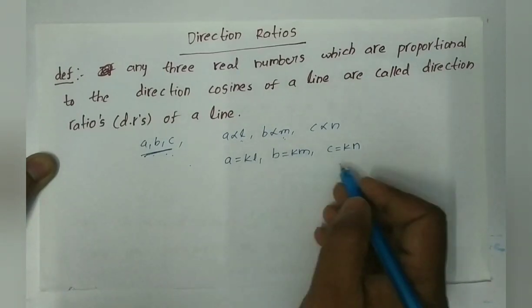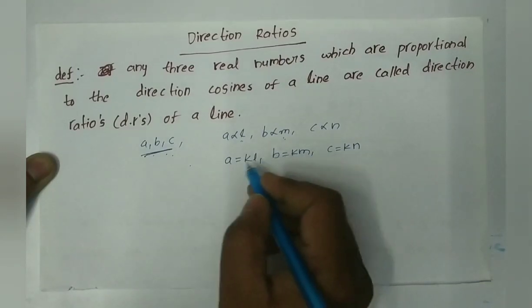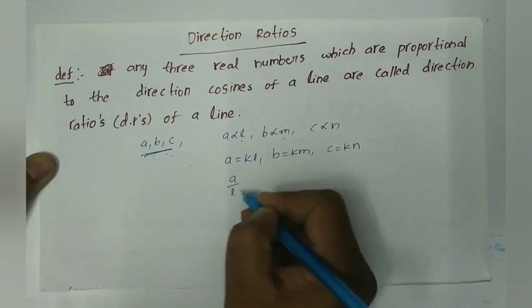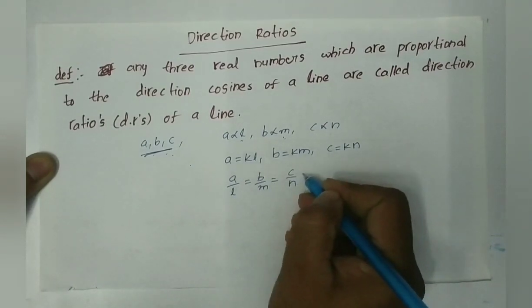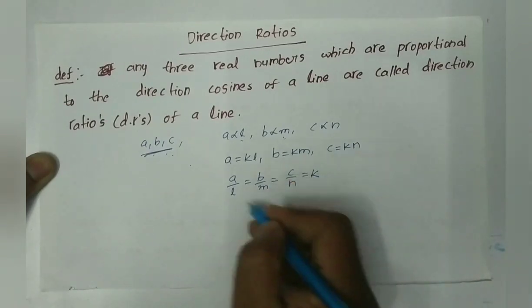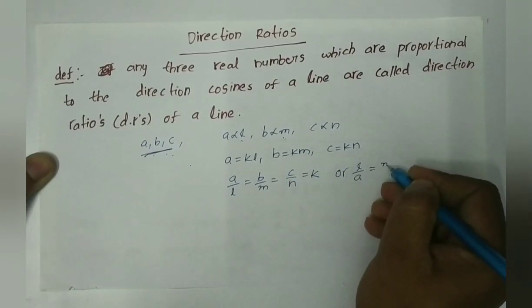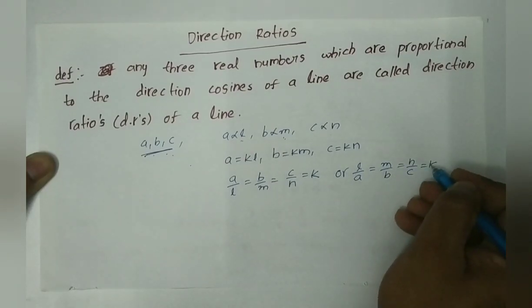From this relation we can write a by l is equal to b by m is equal to c by n is equal to k, or l by a is equal to m by b is equal to n by c is equal to some constant.